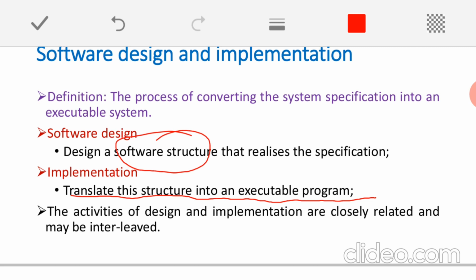Because coding is always considered to be an individual capability, the skill set. It always depends on how strong the person is in that particular language. We never bother about how a person is going to write a program.